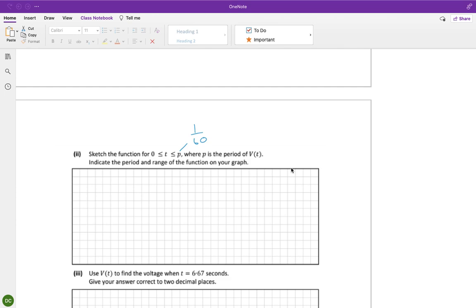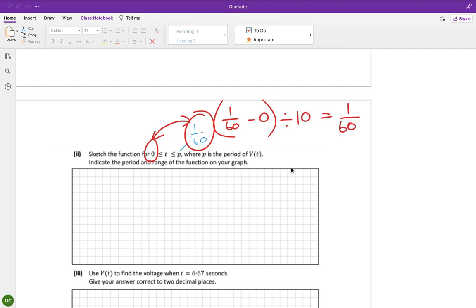This is hard. So basically what I did was I subtracted them and then I divided it by 10 to split it up into 10 intervals. So that is steps of 1 over 600.